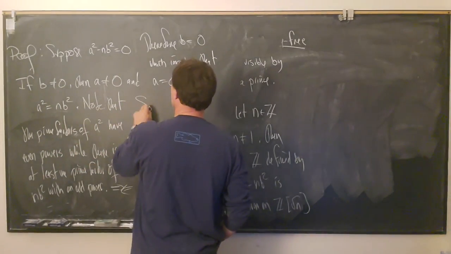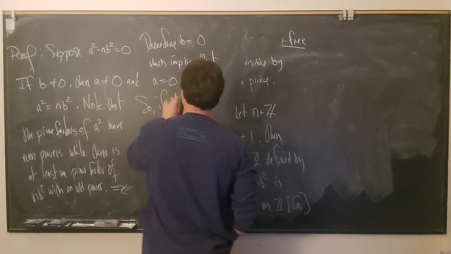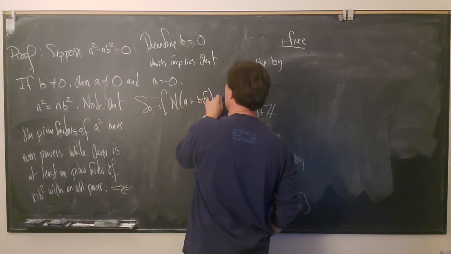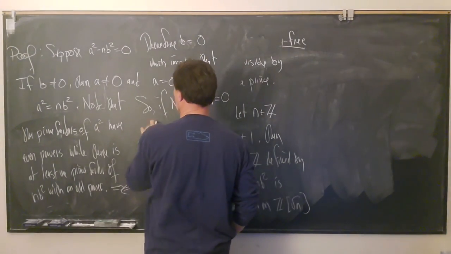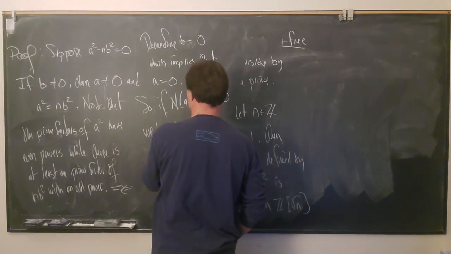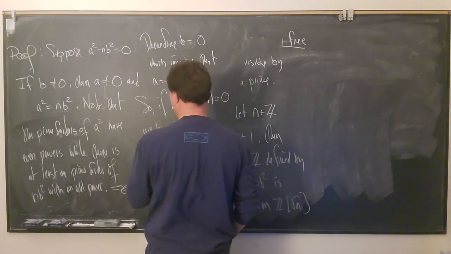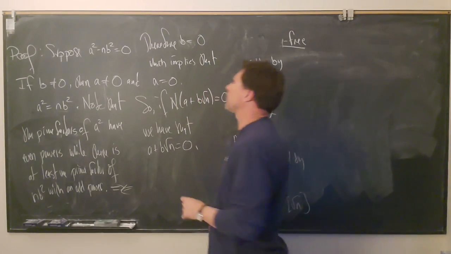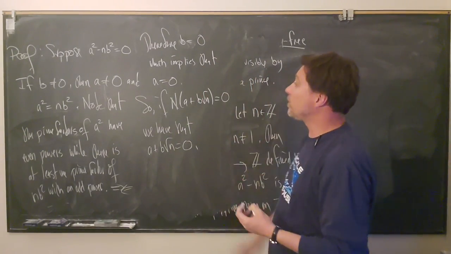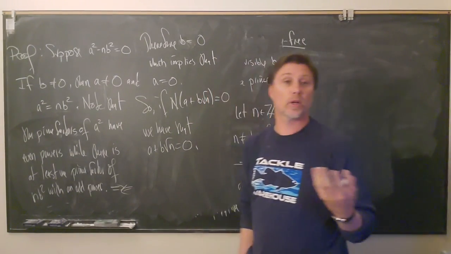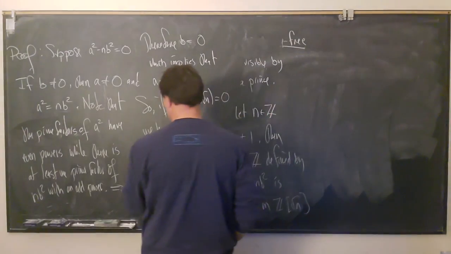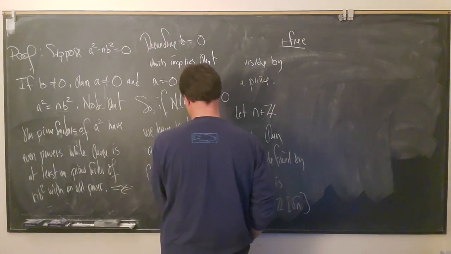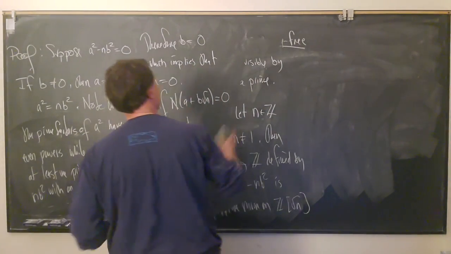So if the norm of a plus b root n equals 0, we have that a plus b root n equals 0. And then for the reverse, of course, with the norm as defined, the norm of 0 is equal to 0.